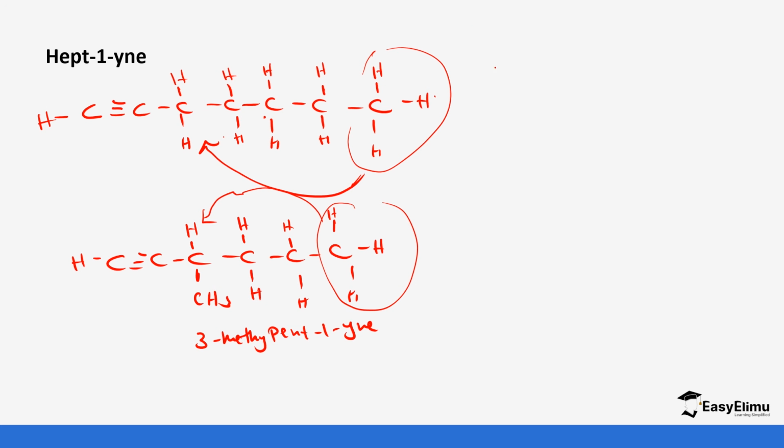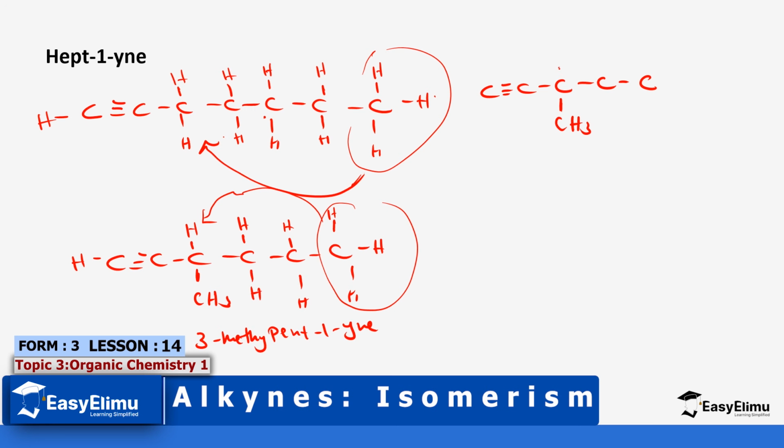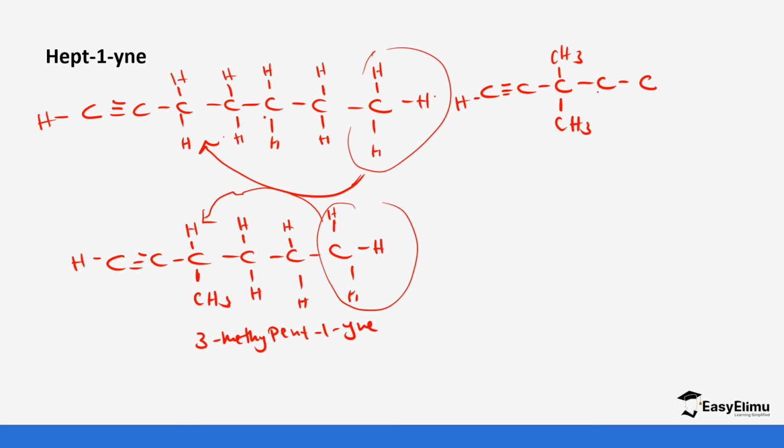So we end up having 5 carbons with a triple bond at the first carbon. And then on the third carbon, we have a CH3 and another CH3. And then there's hydrogen, hydrogen, hydrogen, hydrogen, hydrogen, and hydrogen.